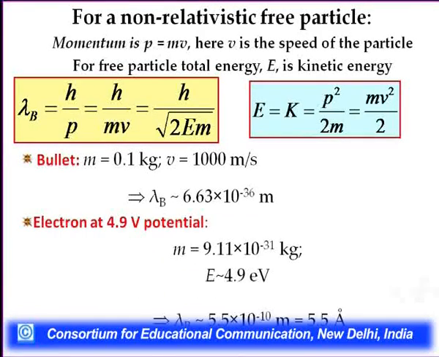Now, there are some examples here. A bullet of mass 0.1 kilogram and speed equal to 1000 meter per second, then lambda_b is 6.63 × 10⁻³⁶ meter. An electron at 4.9 volt potential, then mass is equal to 9.11 × 10⁻³¹ kilogram, and energy is equal to 4.9 electron volt, then lambda_b is 5.5 angstrom.